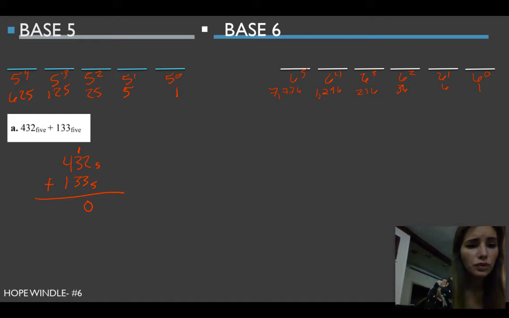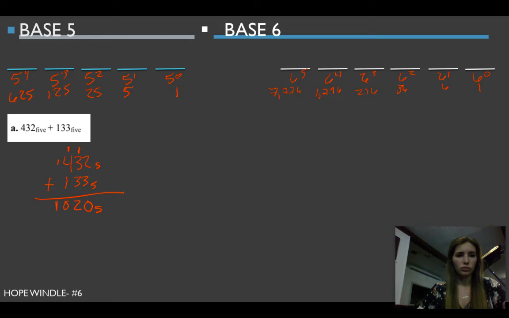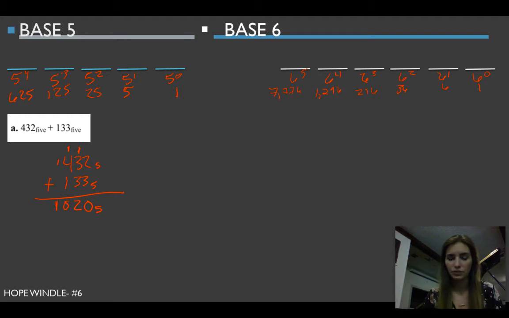So we have 3 plus 1, well, that's going to give us 7. So we're going to exchange. We're going to write a 2 here, and we're going to exchange that 1, 5. And then again, we can't write a 5, so we have 6. We're going to have to carry that 5 here. So our total for 432 base 5 plus 133 base 5 is going to be 1,020 base 5.